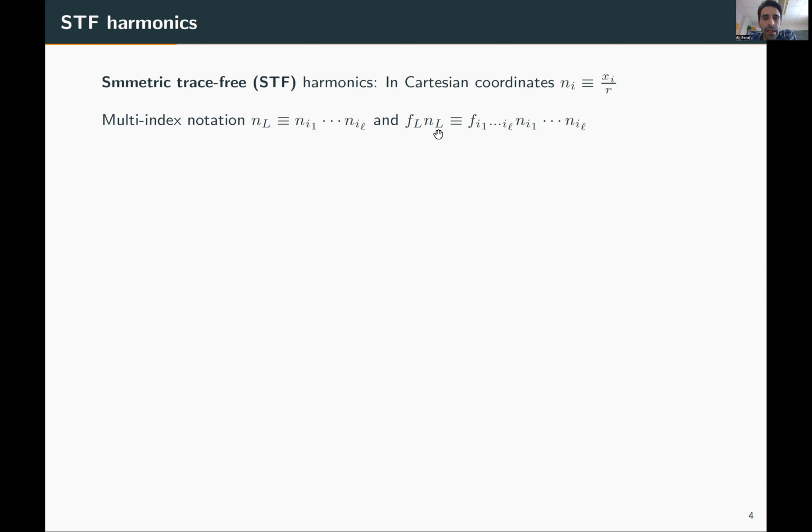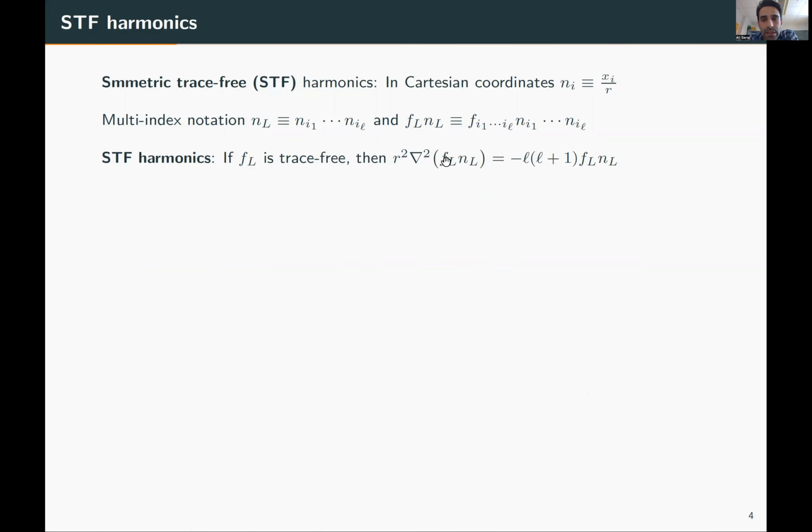Now consider the contraction F_L n^L, where F_L is some tensor with L indices, with the Einstein convention for summing over all the indices. It turns out that if this tensor F_L is trace-free over each pair of indices, then this quantity F_L n^L is an eigenfunction of the Laplace operator.